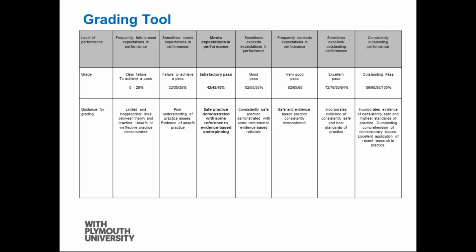So let's have a look at the grading tool. So here we have the level of performance that you would expect. So: fails to meet expected performance, sometimes meets but not good enough, meets expectations, exceeds, frequently exceeds, excellent, outstanding, consistent outstanding performance. Look at the grading. We're asking you to decide to give either 0 to 29%.